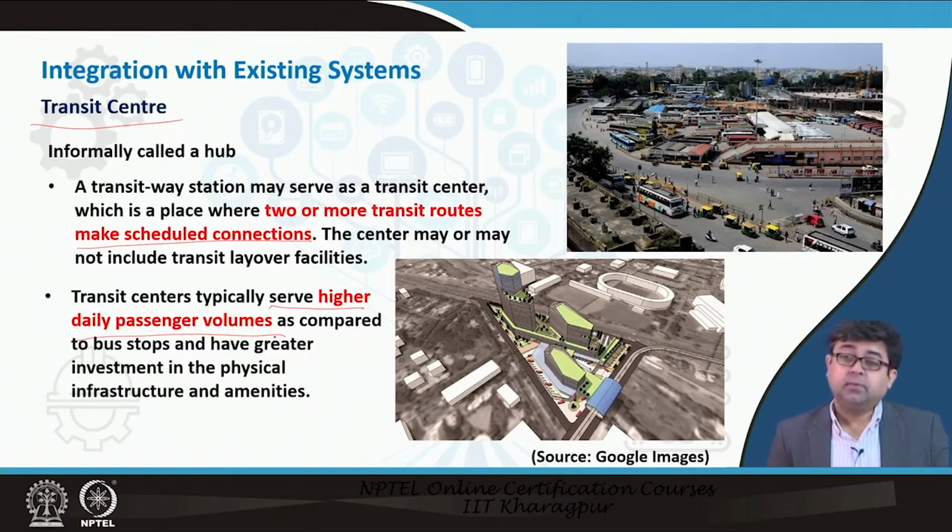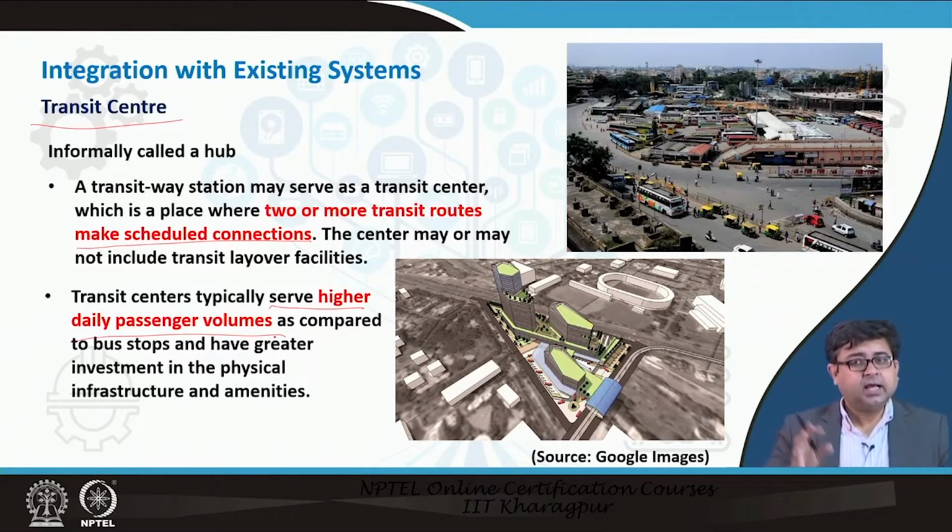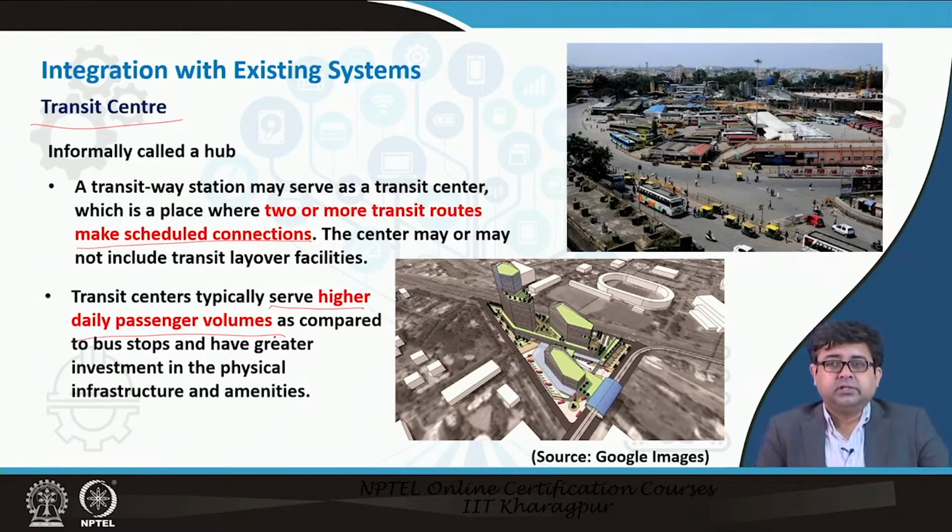But these are very effective centers. Otherwise you would have had two different pieces of infrastructure, a bus terminus and a rail terminus. Now, both are integrated into one big transit center. That saves land, which is prime in many of our urban areas, and also makes the transfer much more seamless between these two modes.